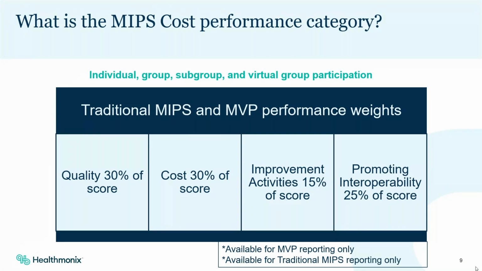Because of COVID, the cost scoring could not be done well during the prior few years, and CMS every year just reweighted it out. But because of the mandate from the MACRA program, from the legislation, cost is now at a full 30%. So it is quite challenging, and you do have to pay attention to it if you're paying attention to your MIPS score in general.